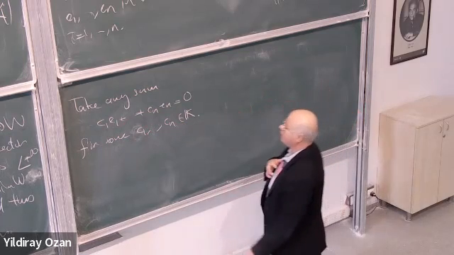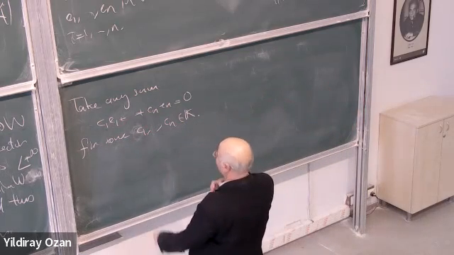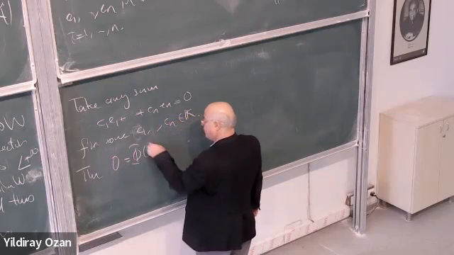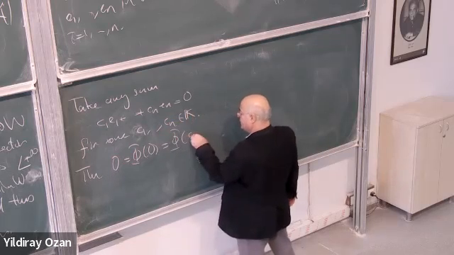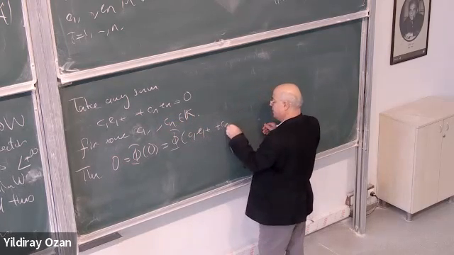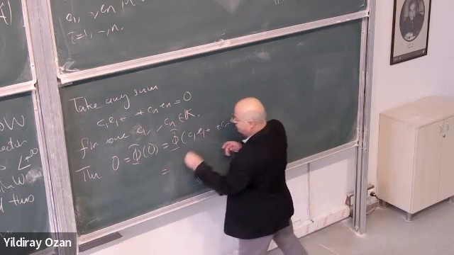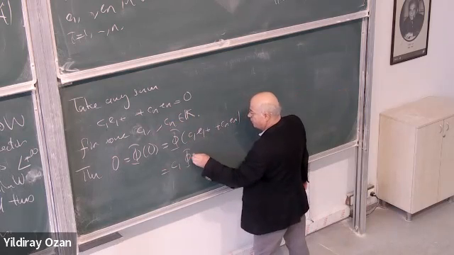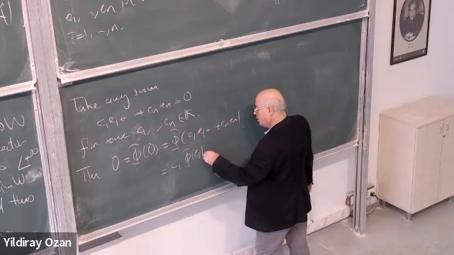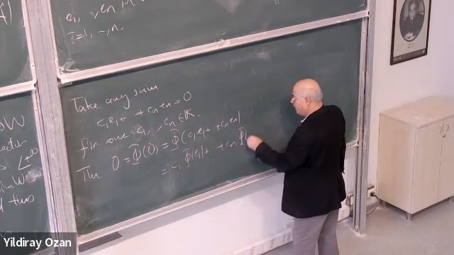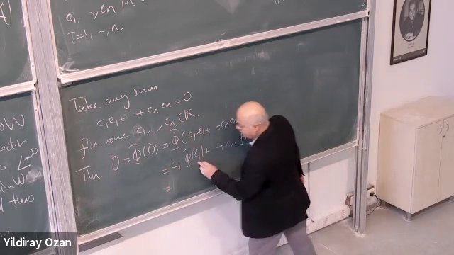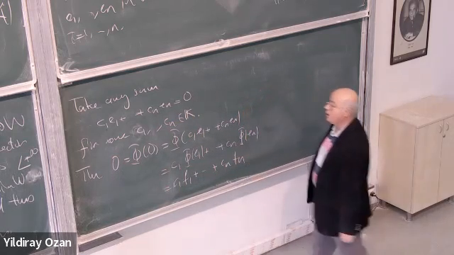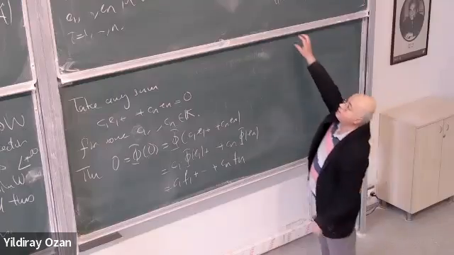But just apply phi: then 0, which is phi of 0, is phi of c1 e1 plus up to cn en. This map is linear, therefore this is just c1 phi e1 plus up to cn phi en. But what is this? This is just c1 f1 plus up to cn fn.